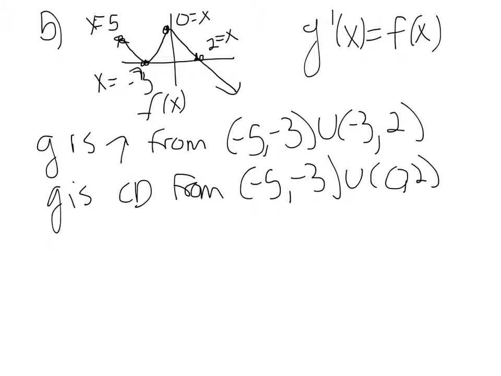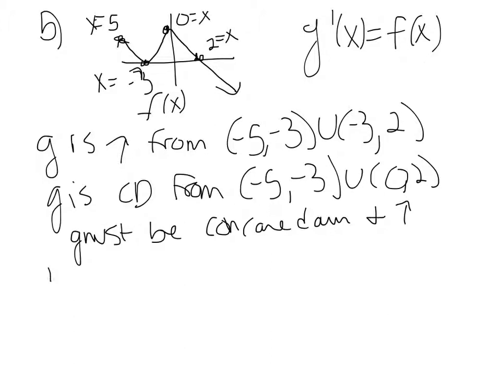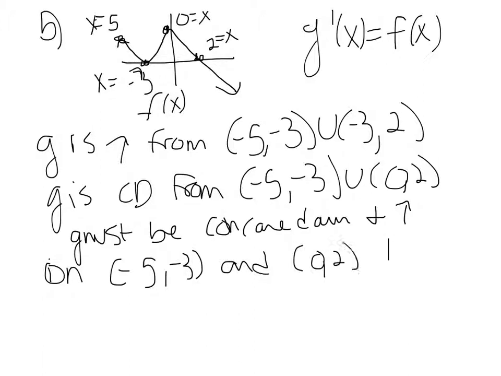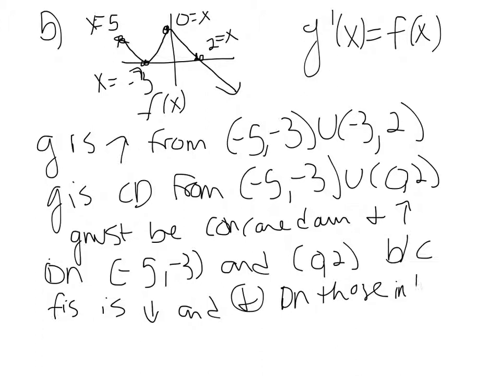Well, the overlap, so G must be concave down and increasing on -5 to -3 and 0 to 2, because F is decreasing and positive on those intervals. And that's all you have to say.